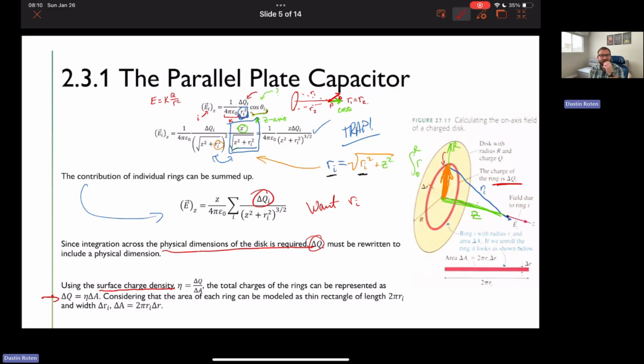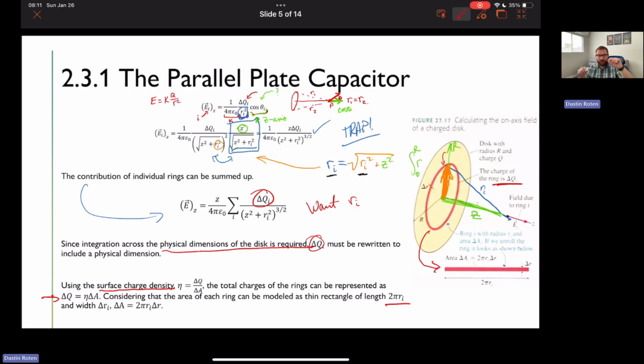Now, if you consider the area of a ring, if we take this ring and just snap it apart, we can stretch it out into a rectangle. You'll see that's happened right here in the figure. They just take this ring, they lay it out flat, and it turns out we can think about the area of this thing as just having a length of 2 pi r, right? Because that was the circumference that was broken down into the side of the ring.